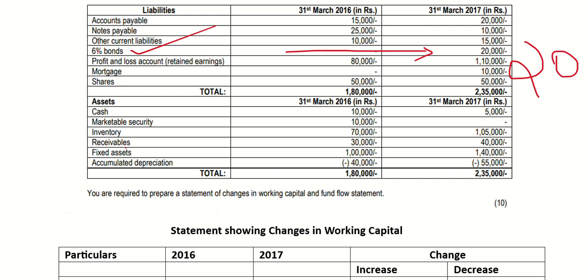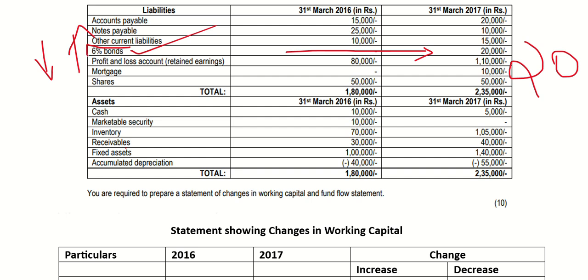There was nothing called bond in 2016. In 2017 we have a bond of 20,000 rupees. Now the question is whether this is a cash inflow or a cash outflow.